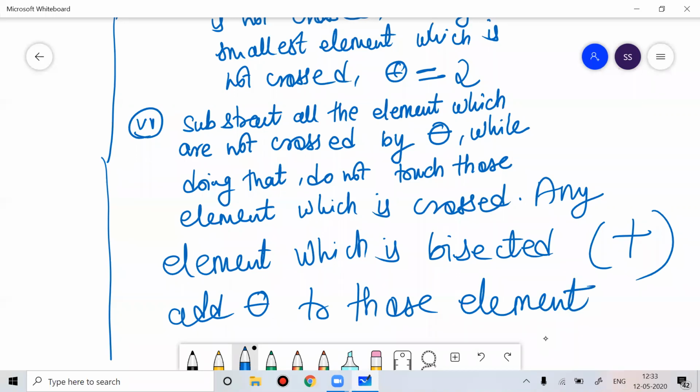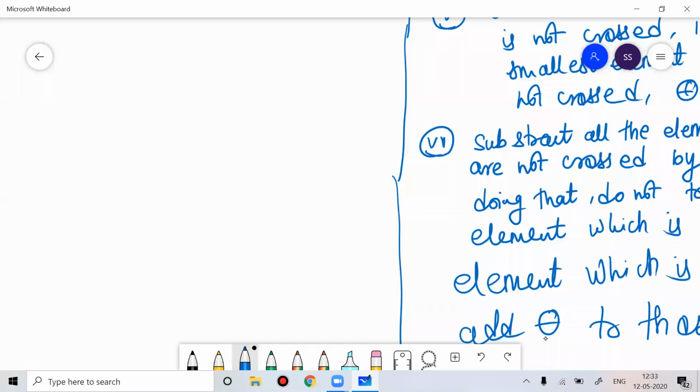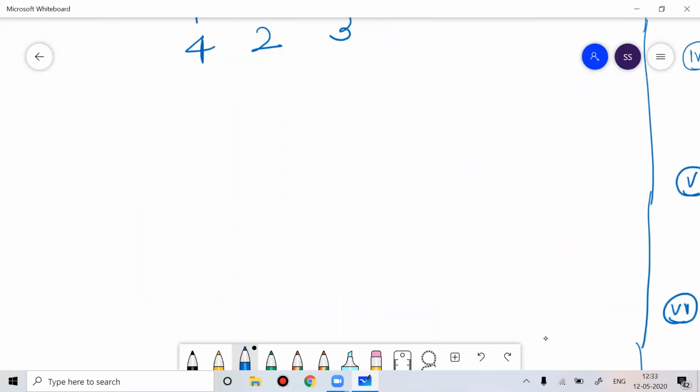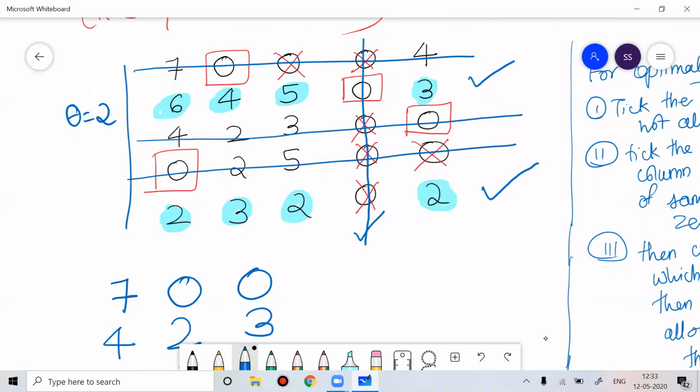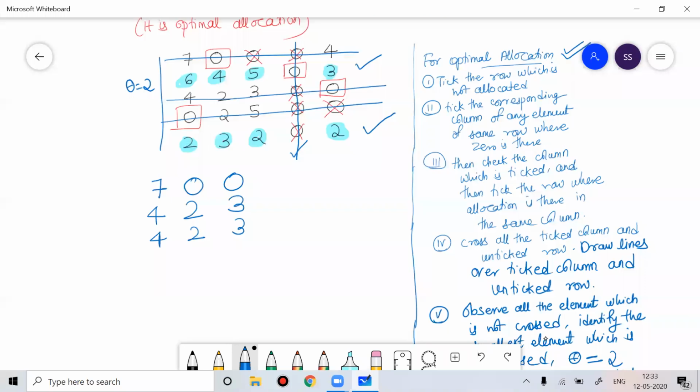So this thing you have to remember: you don't have to touch those elements which are being crossed by the line.